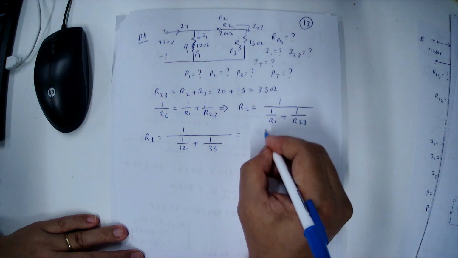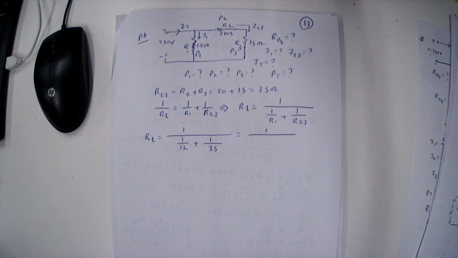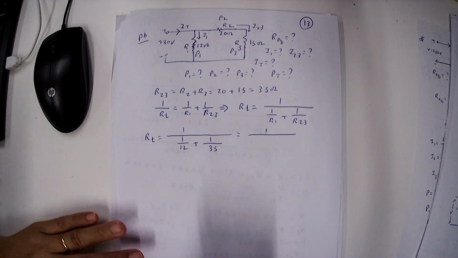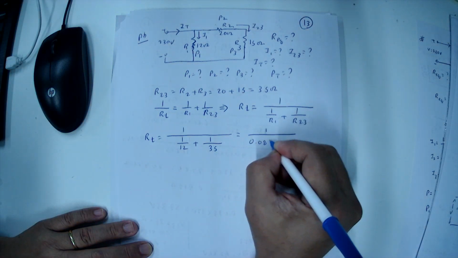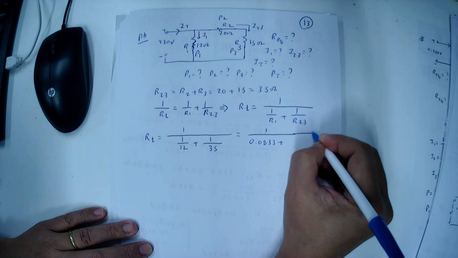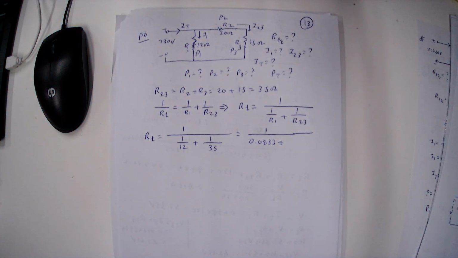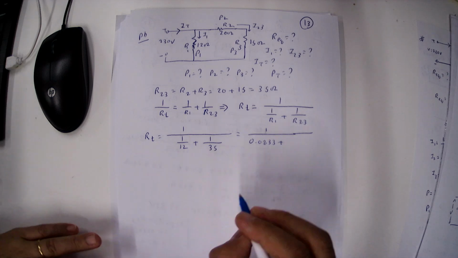1 divided by 12 is equal to 0.0833. 1 divided by 35 is 0.0285.